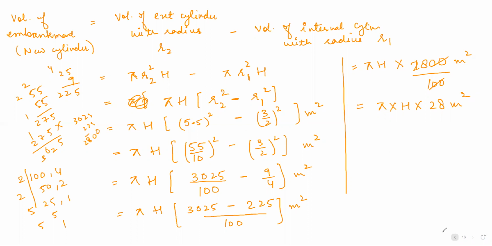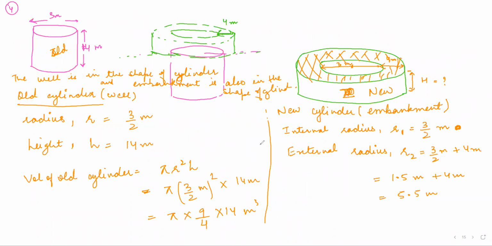Now let us come back here. Basically now the volume of the old cylinder is equal to the volume of the embankment. Is that okay? There's one mistake here. Listen to me, both of you, please stop and listen.